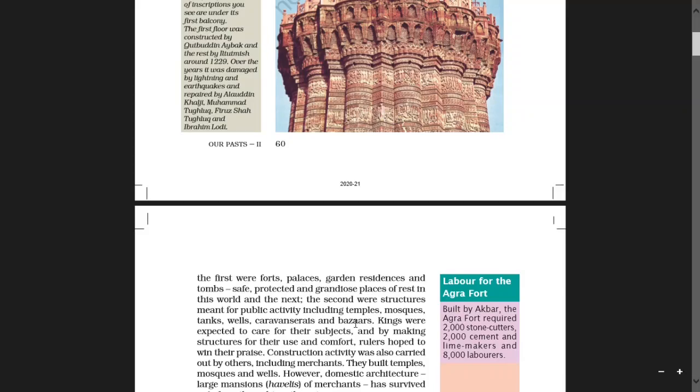So, boys, between the 8th and 18th centuries, kings and their officers built two kinds of structures, two kinds of buildings.